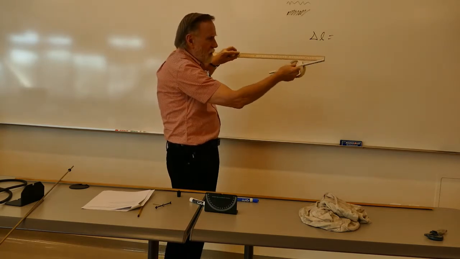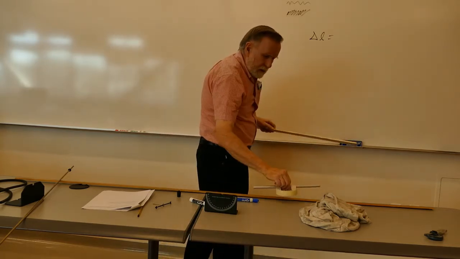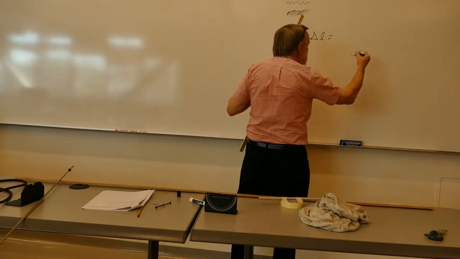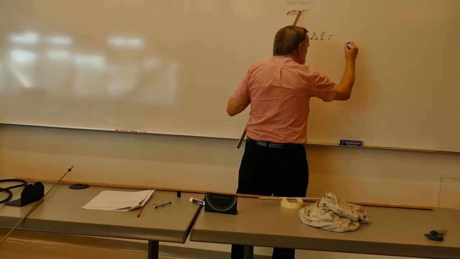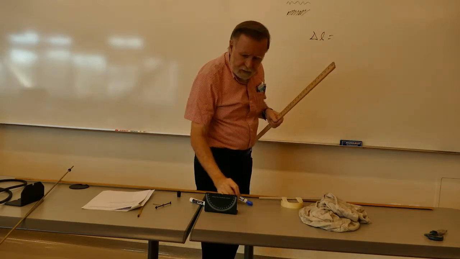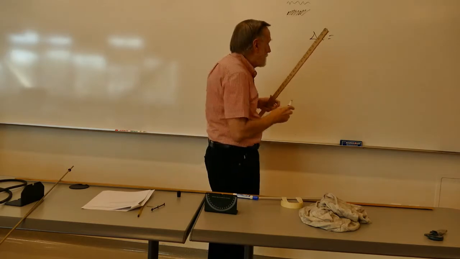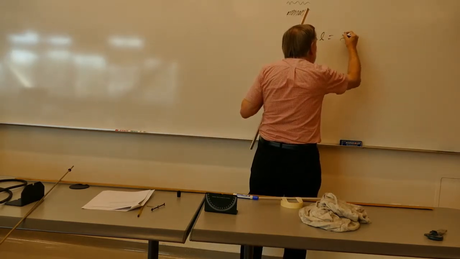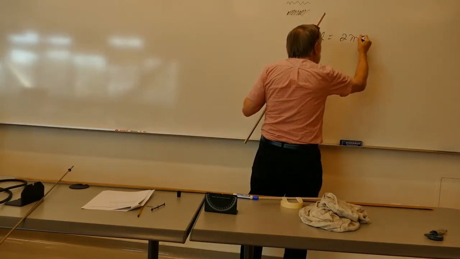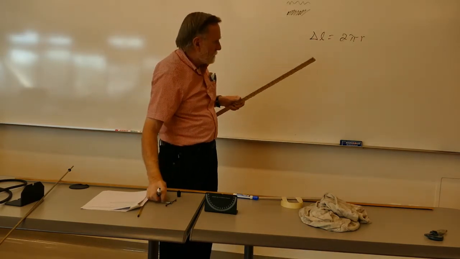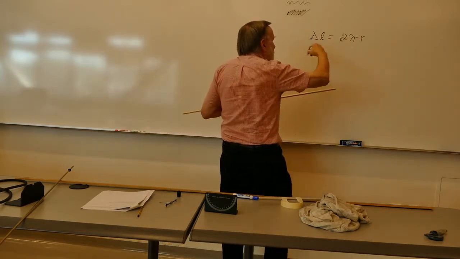So that would be one complete circumference. So if it turned 360 degrees, then the change in length would be the circumference of the little axle, which would just be 2 pi r, where r is the radius of the little axle.